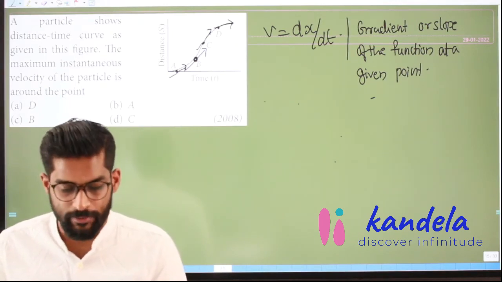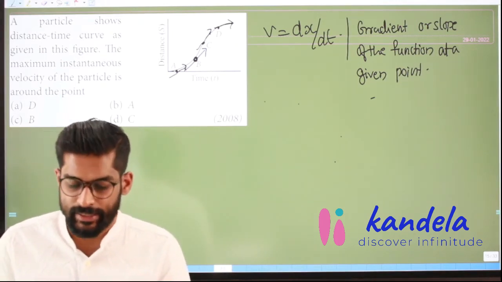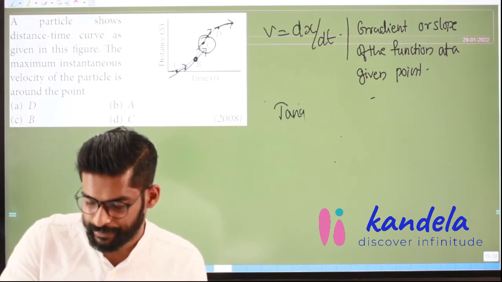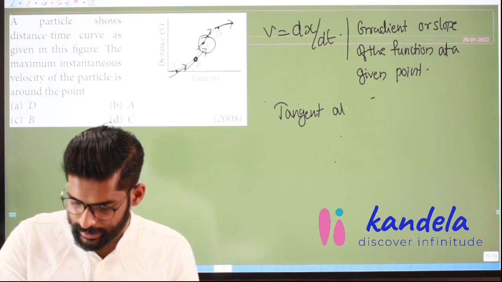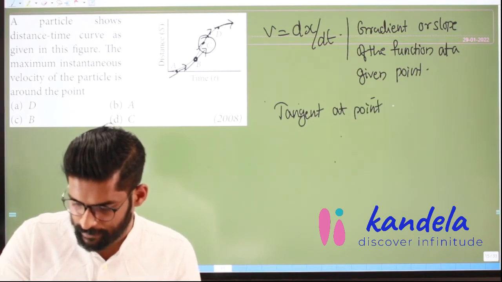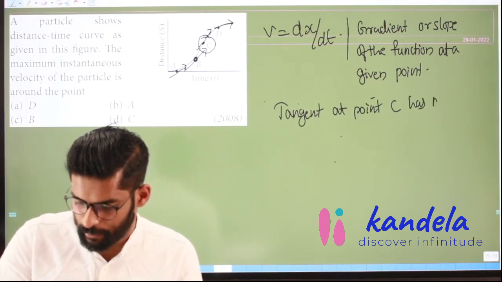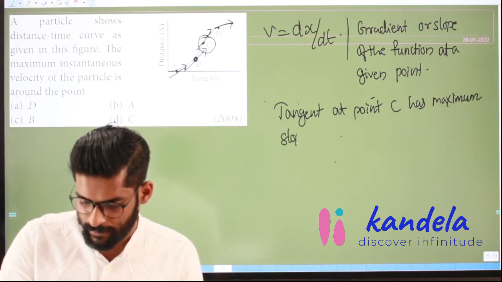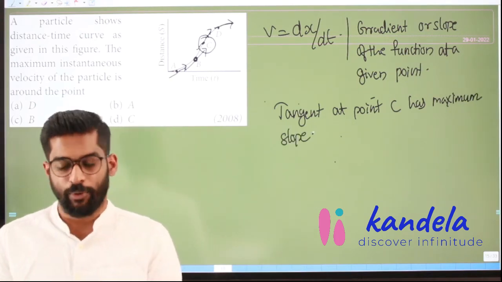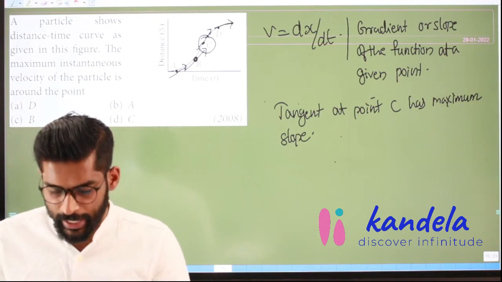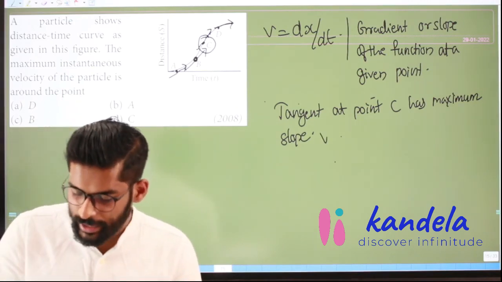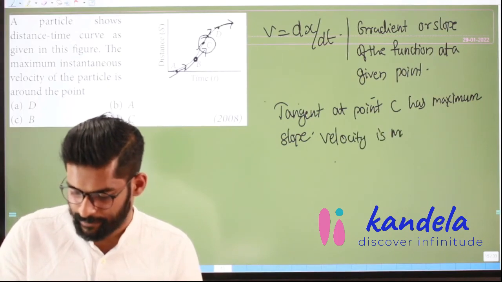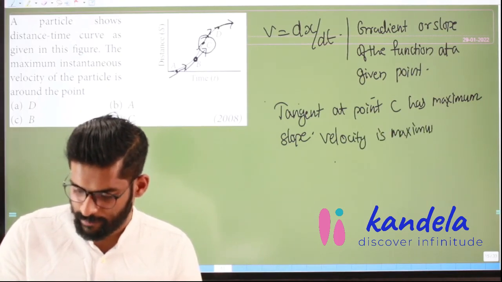If we observe, the tangent at point C has the maximum slope. So the tangent at the point C has the maximum slope. Hence, we can say the velocity is maximum at this point.